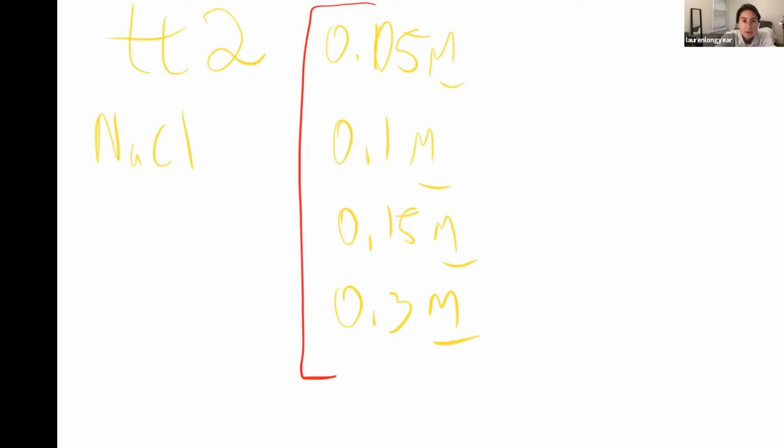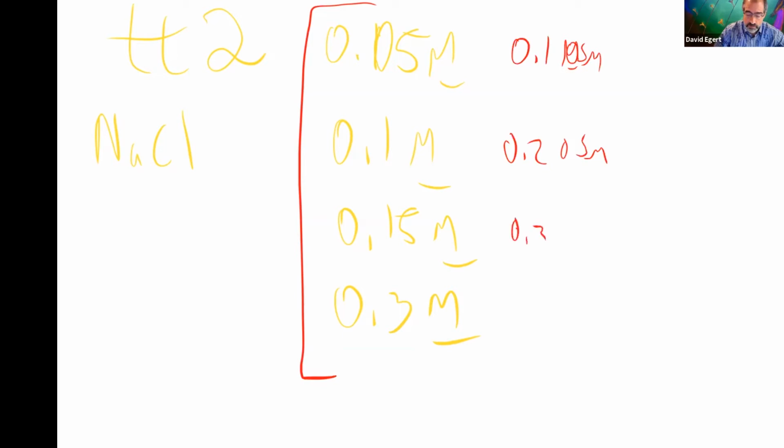Multiply by 2. So this is going to be 0.1 osmolar, 0.2 osmolar, 0.3 osmolar, 0.6 osmolar. You just multiply times 2 because we know NaCl dissociates.